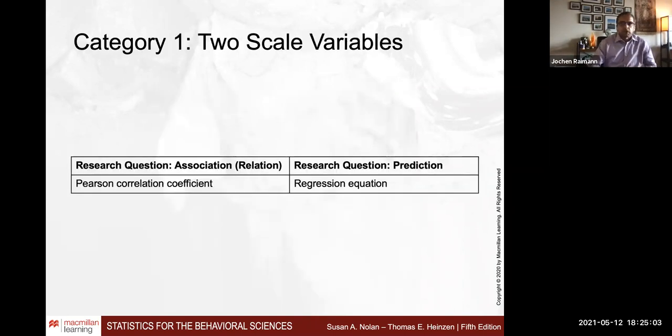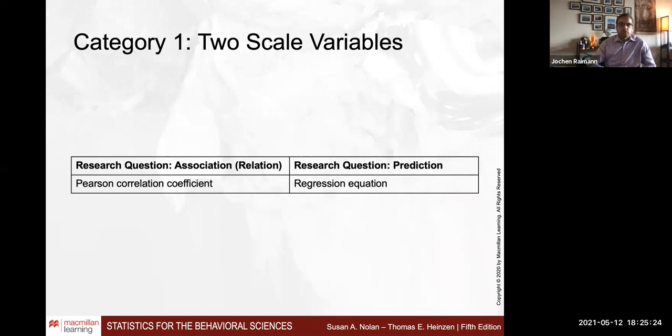So just briefly talk about category 1. Category 1 is the situation where we have 2 scaled variables. We are testing for associations using the Pearson correlation coefficient. We have done this in the respective chapter, and we have correlated absences with exam grade.